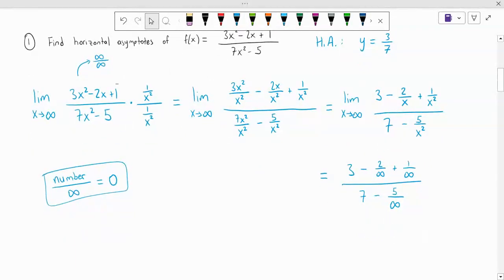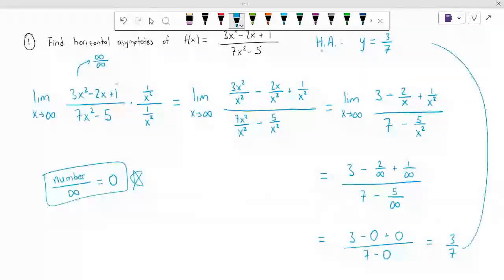So if we apply this rule, 2 over infinity becomes 0, 1 over infinity becomes 0, and 5 over infinity becomes 0. That's how we get an answer of 3 over 7 from the limit, and that tells us that this is a horizontal asymptote, okay?